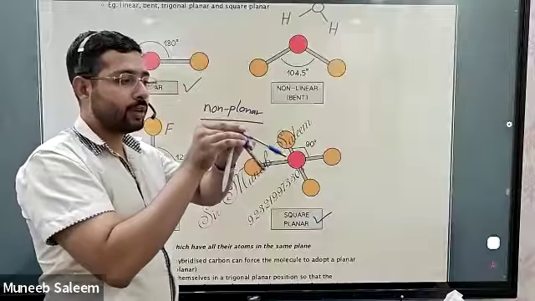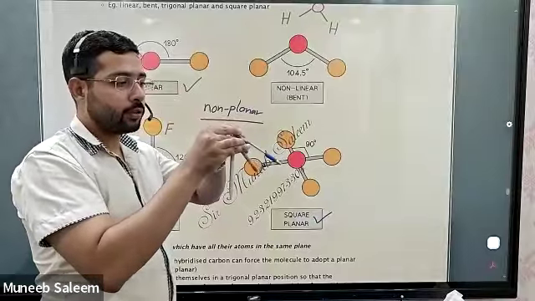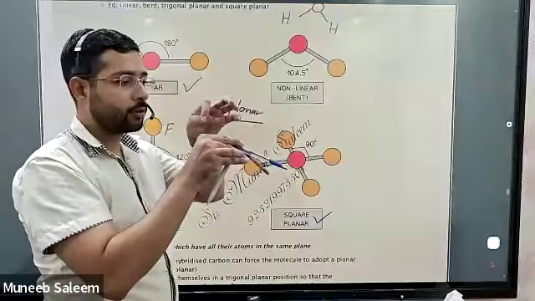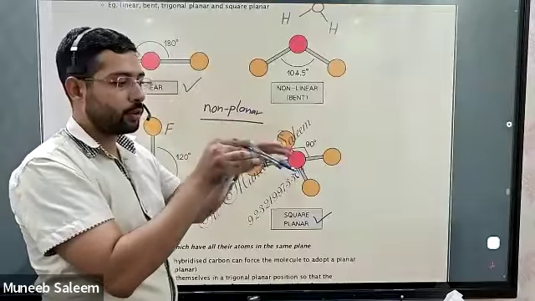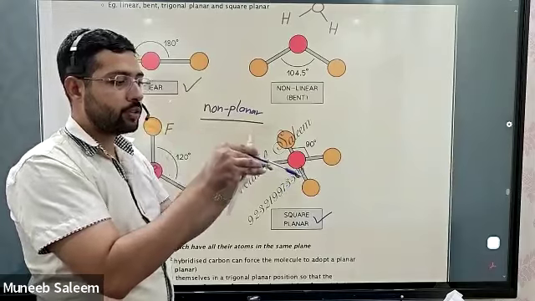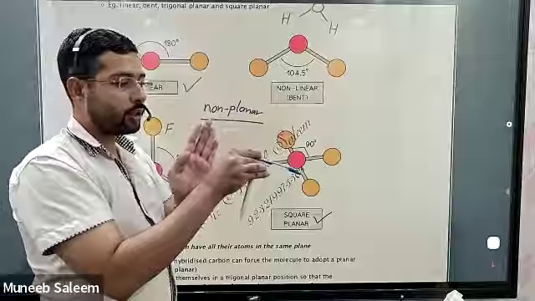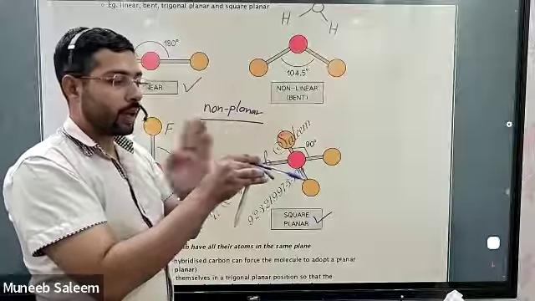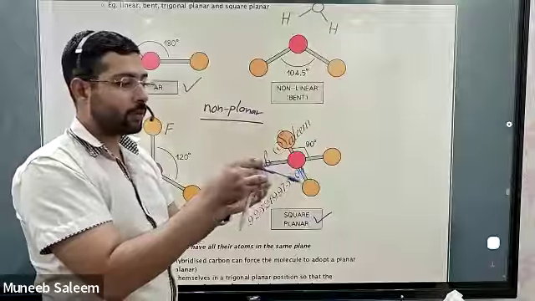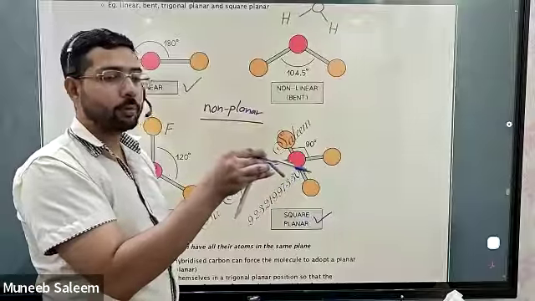Because one bond is going away from me, one bond is coming towards me, and there is one bond which is moving in this direction, which is into the plane. So I cannot pass a single plane through the three atoms. So this type of molecule is said to be non-planar.